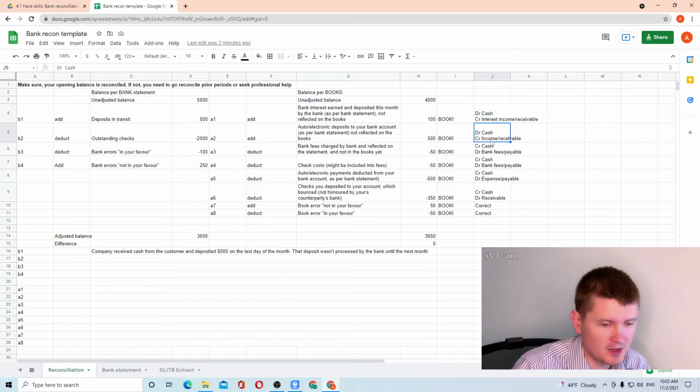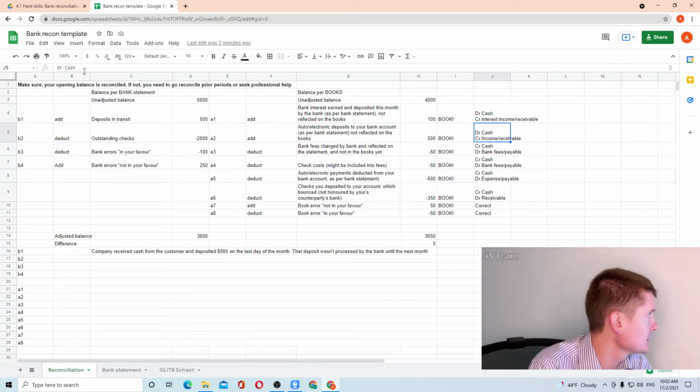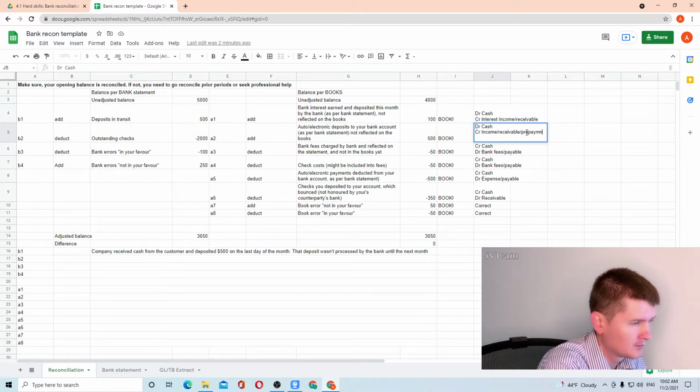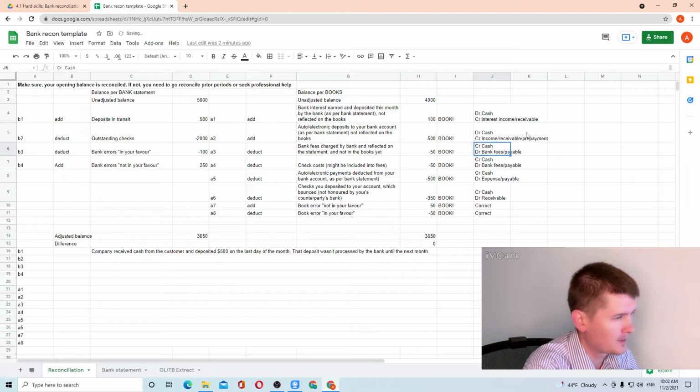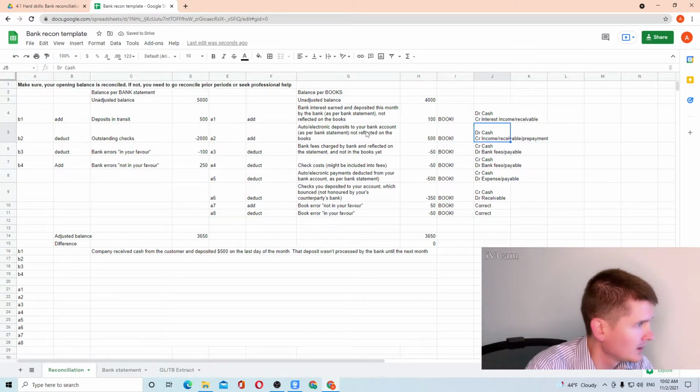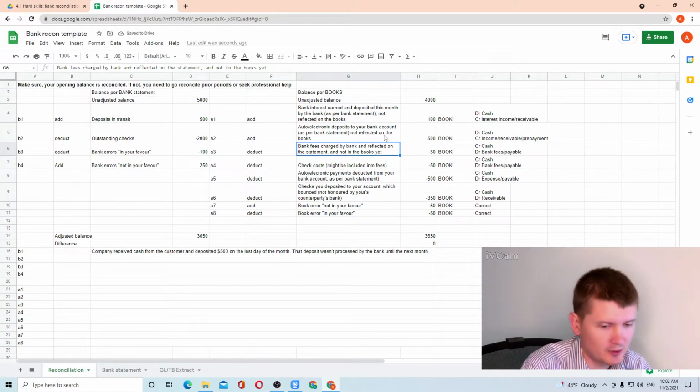If it's a prepayment, you might just record debit cash, credit prepayment receipt. Okay, bank fees.